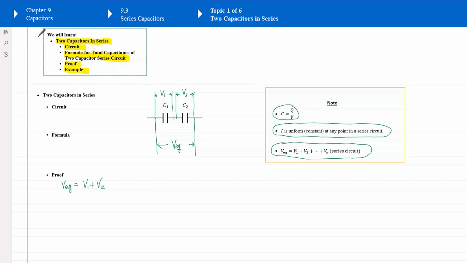The first equation in the note, C equals Q over V, we can rearrange. So V equals Q over C. Therefore, VEQ equals QEQ over CEQ, V1 equals Q1 over C1, and V2 equals Q2 over C2.